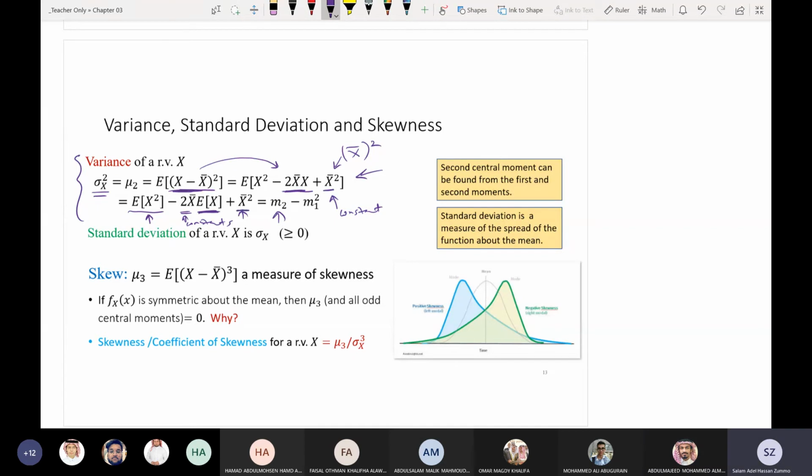But we also have x bar squared. So 2 x bar squared plus x bar squared gives you, let me just separate it more, the expected value of x squared minus 2 x bar x bar, right?